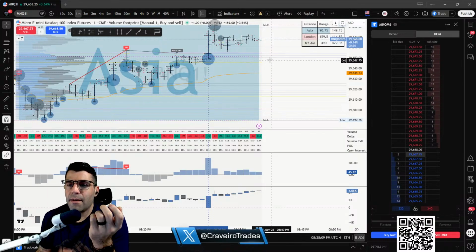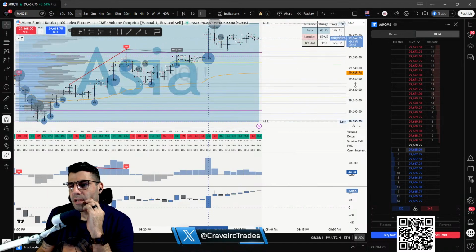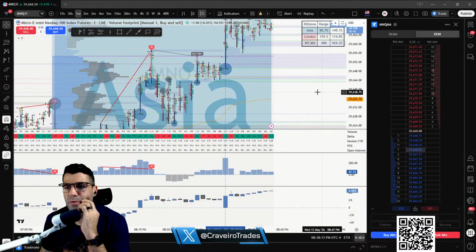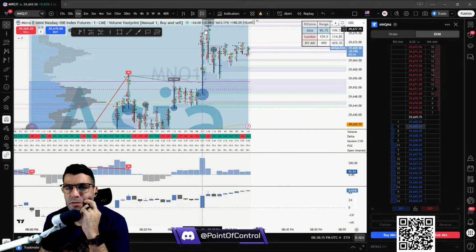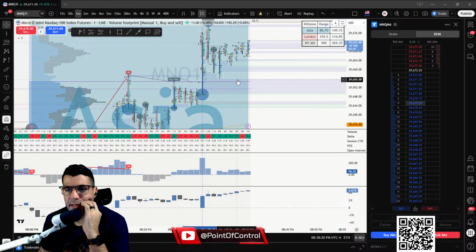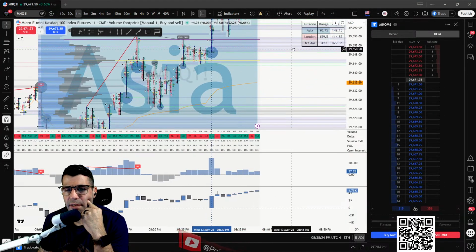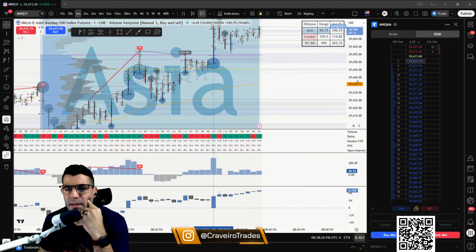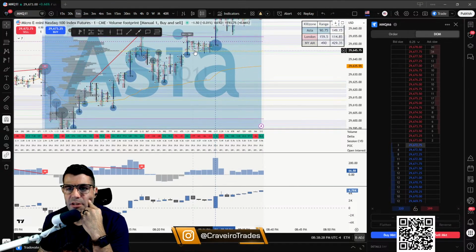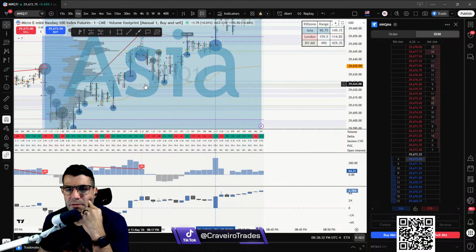So I don't necessarily like when price closes so drastically above this value area high level. This really is a good indication. Like the trade that I would have wanted to take, the session point of control was definitely where we see more consolidation around this area.